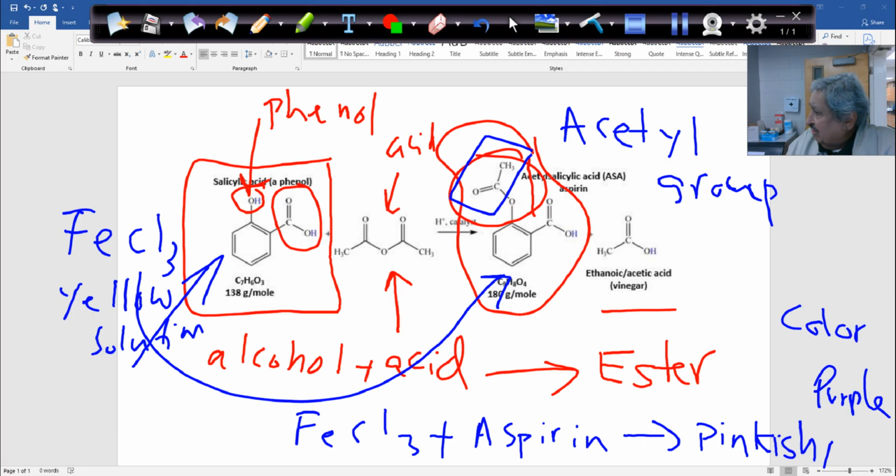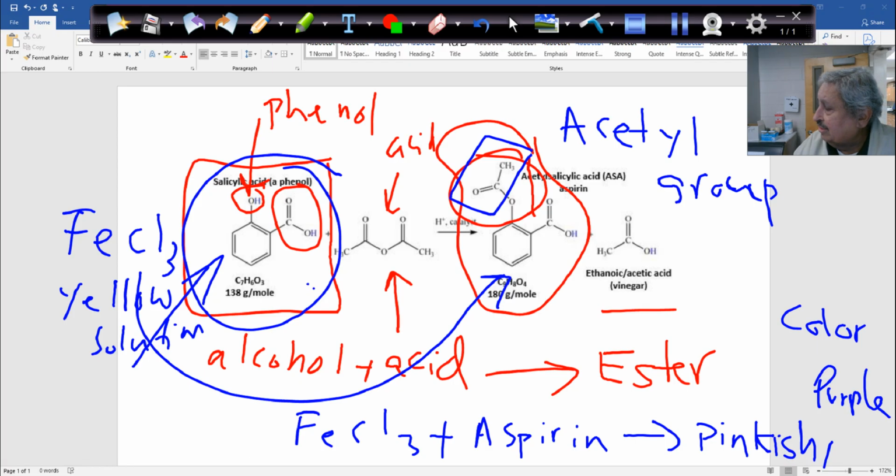Okay, guys, so iron chloride is a yellow solution. When you add your aspirin to it, it's solid, but it will dissolve in the iron chloride. And if you get a pinkish purple color in your solution, iron chloride is no longer yellow, it's pinkish purple, it means you have a very good quality of aspirin. And it means that all the salicylic acid is consumed.